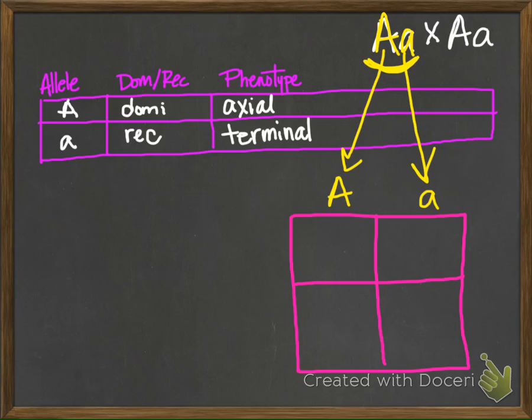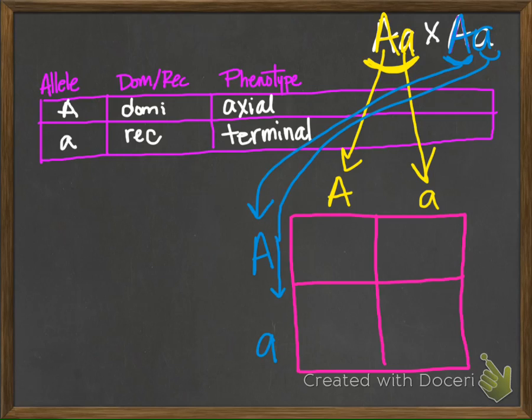The other parent is going to need to go along the side. Let's do blue. And they can either give big A, or they can give little a.